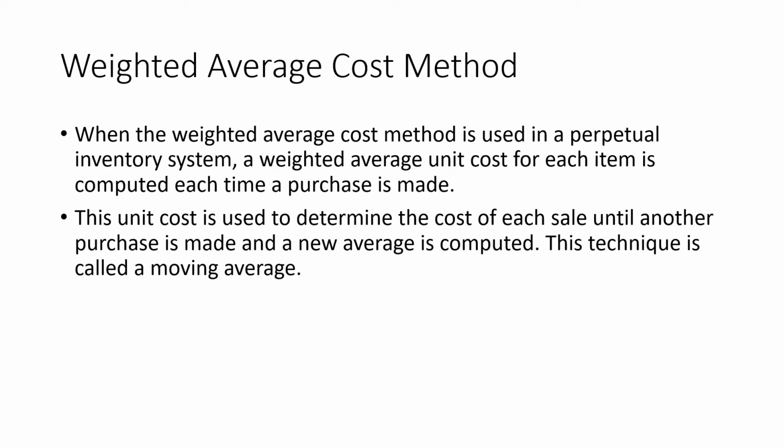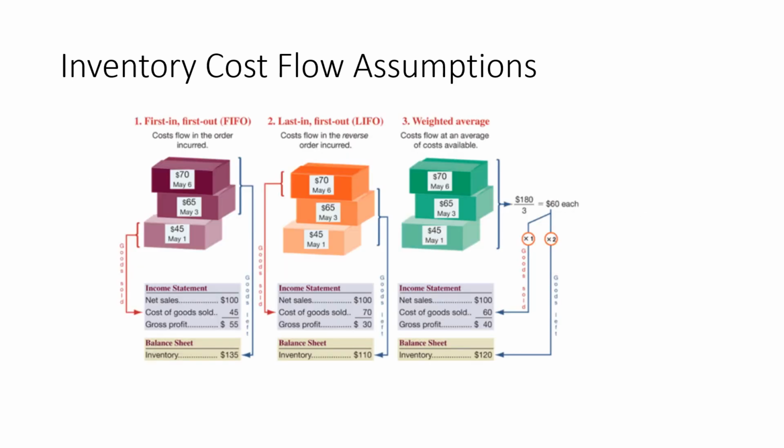Then there's weighted average. So it's in the name, average. We take an average of the cost of the purchases, the average cost of all the products in inventory, and use that to determine cost of goods sold. So this is just a visual from the textbook that shows a description of the inventory cost flow assumptions.